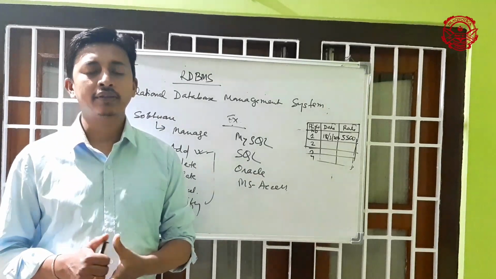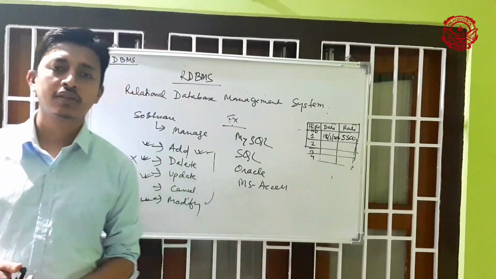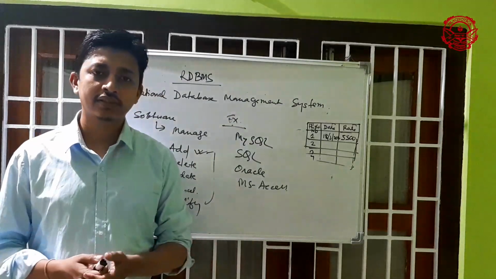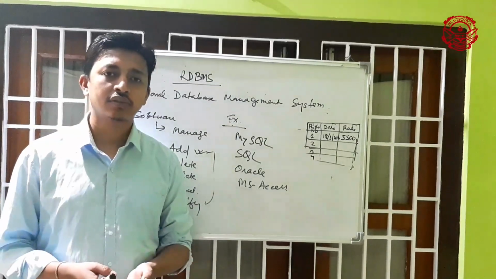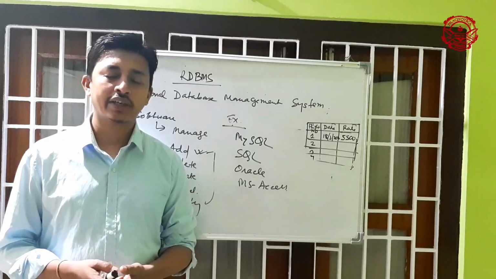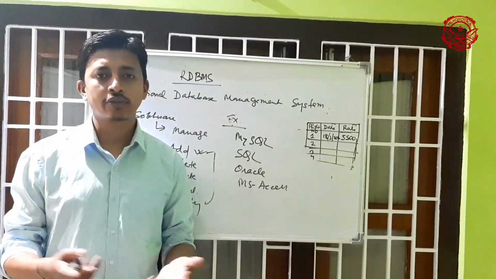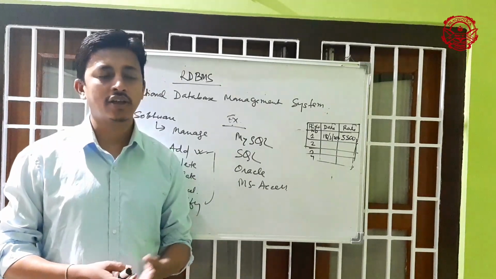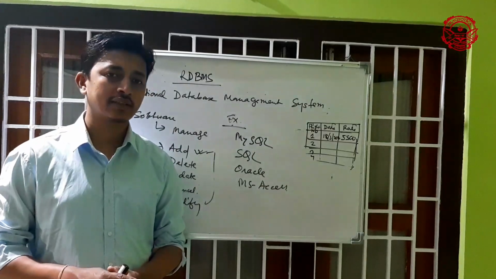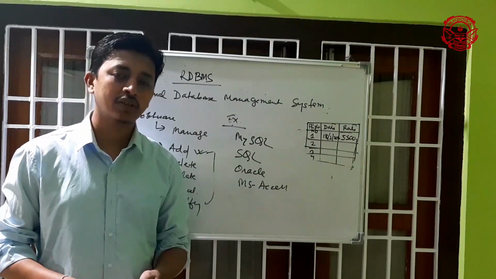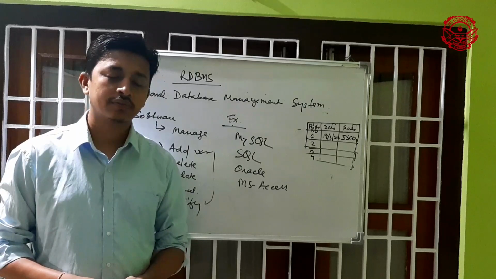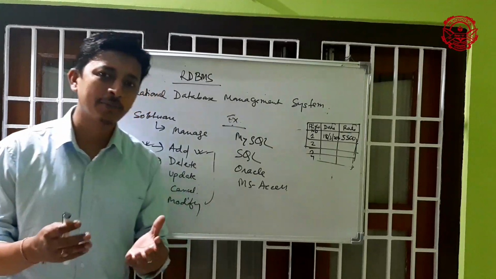I don't know what happened to the other students. I think they all understand these things, or they are not interested to clear their doubts. So please students, come to the doubt clearing session.